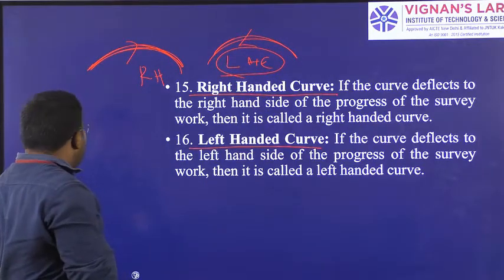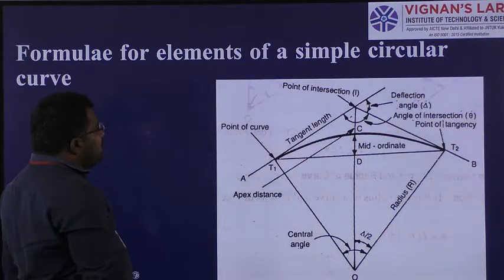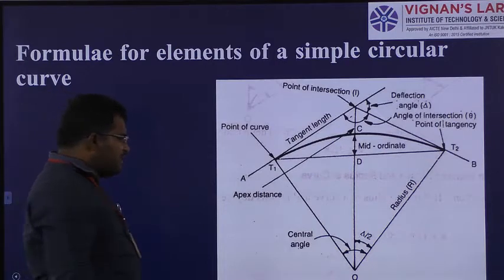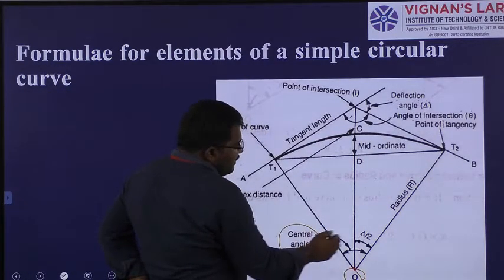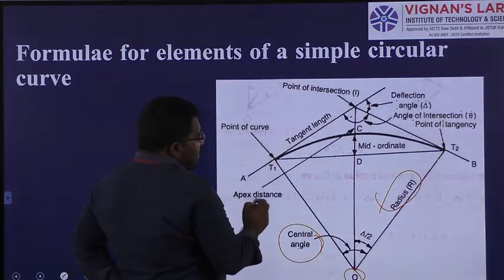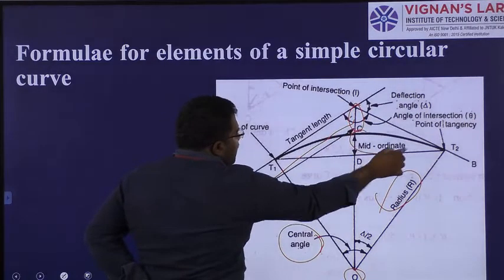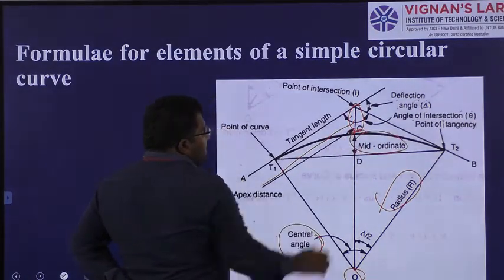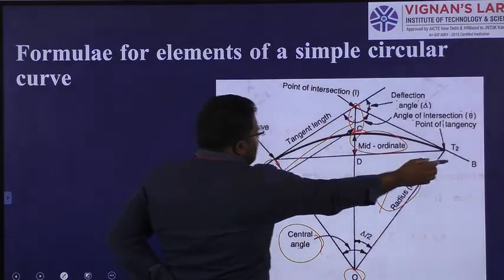Now we are going to see the formulas for the elements of a simple curve, right? In this figure you can see the center, the central angle, and the radius R. Then we have the apex distance, which is this. This is the mid-ordinate from the center of the curve to the center of the chord. This is the point of curve T1, and the point of tangent is T2.